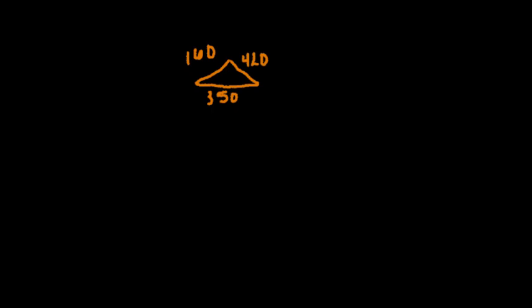And the law of cosines says that a squared plus b squared minus 2ab times cosine theta equals c squared, right? That's what it says.